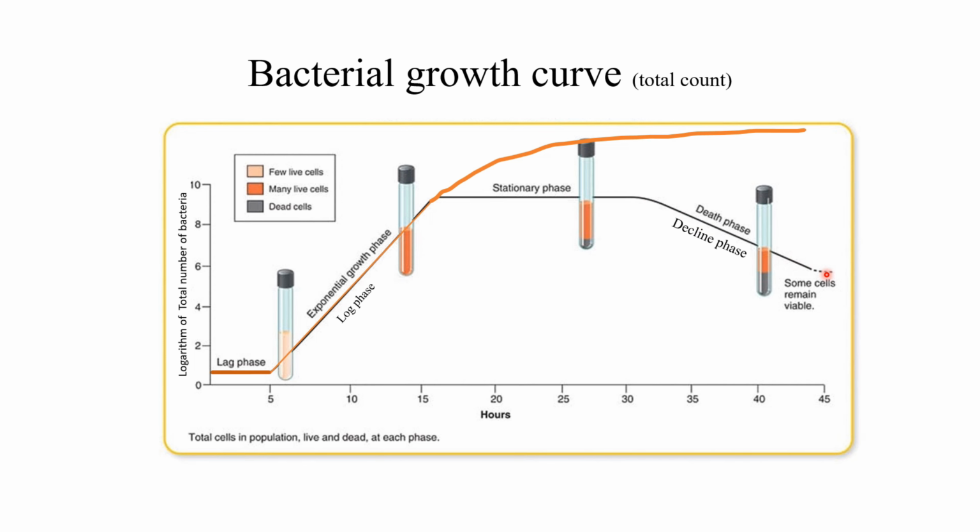Here in total count, the graph will not decline because we are counting both the dead and the live bacteria. This is about the bacterial growth curve of total count.